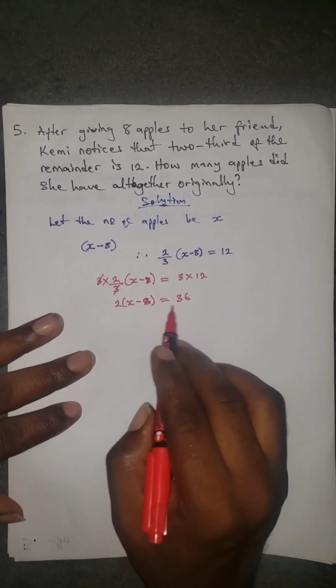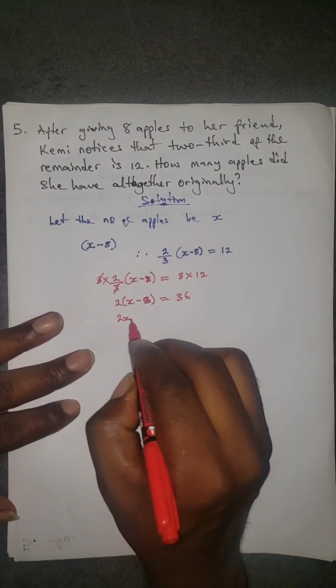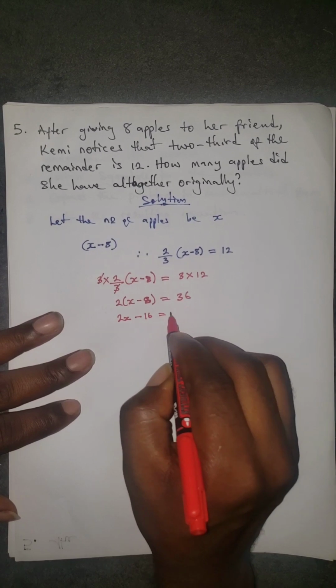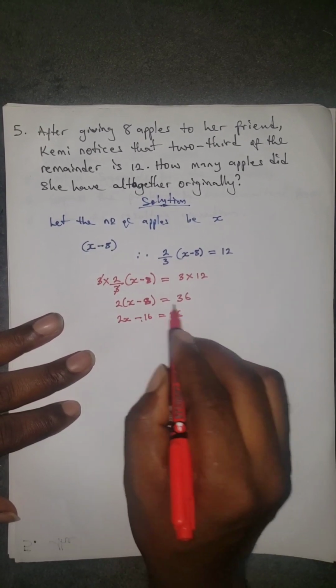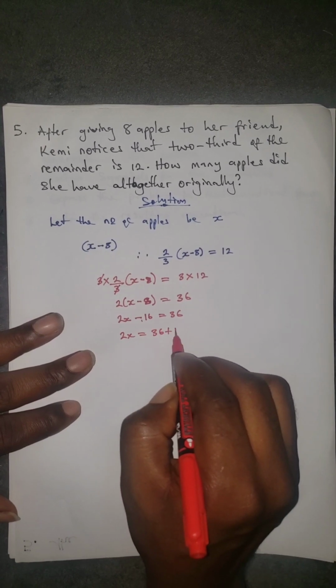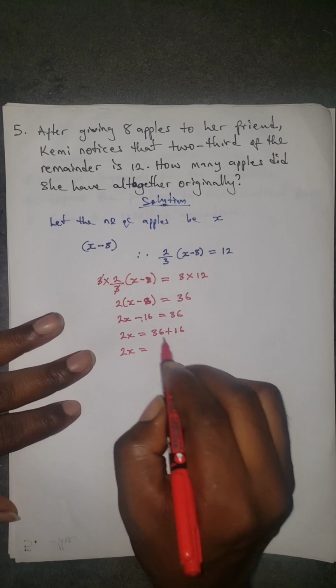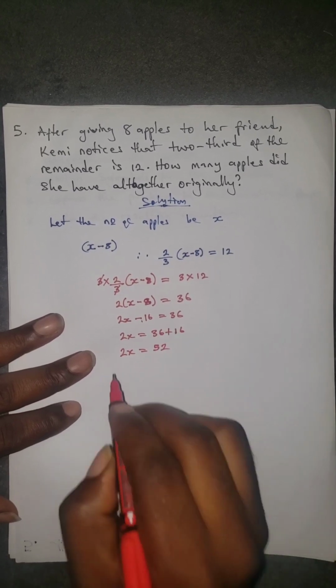Okay, so open the bracket and solve for x. This times this will give you 2x minus 16 equals 36. So this moves here, 2x equals 36 plus 16. So 2x equals, add this up, you have 52.